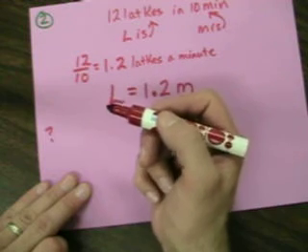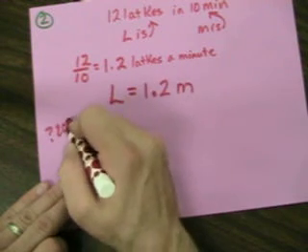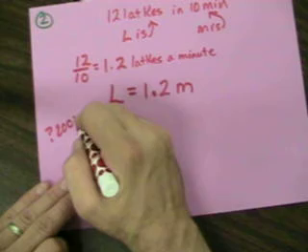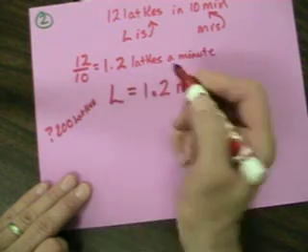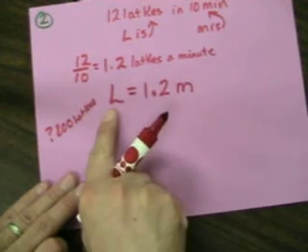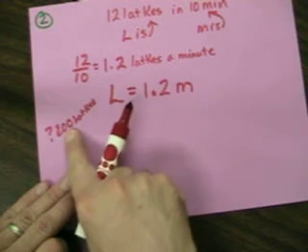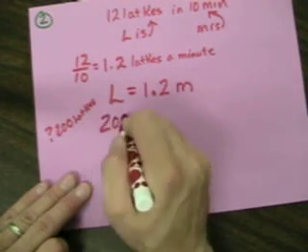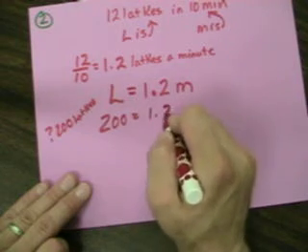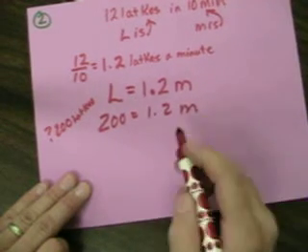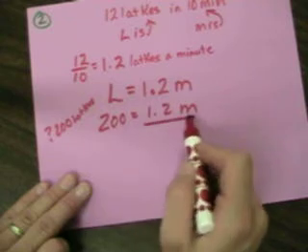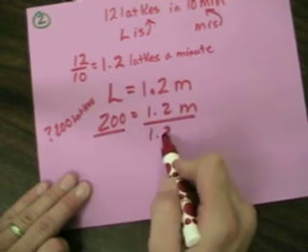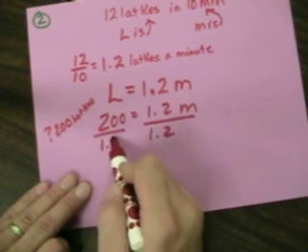How long will it take them to make 200 latkes? And so I know the L this time. The L this time is 200. So I'm trying to find the M. So I'm just going to plug it in. 200 equals 1.2 M. Oh, I can solve this by just dividing both sides by 1.2. That'll put the M by itself.